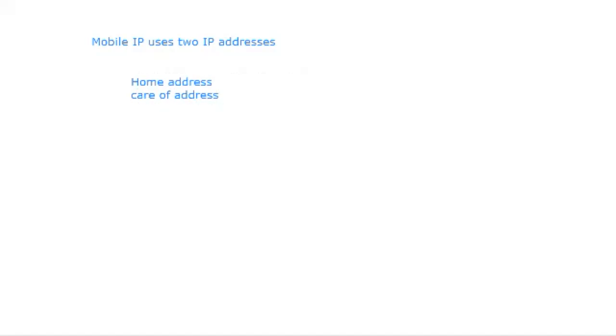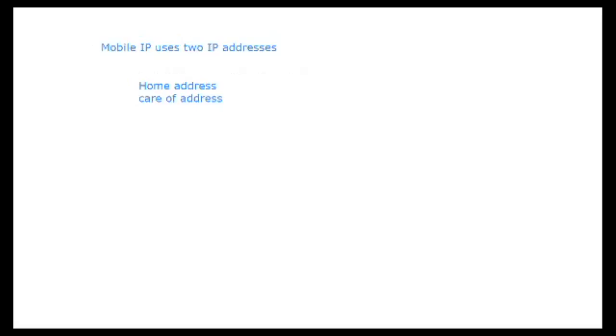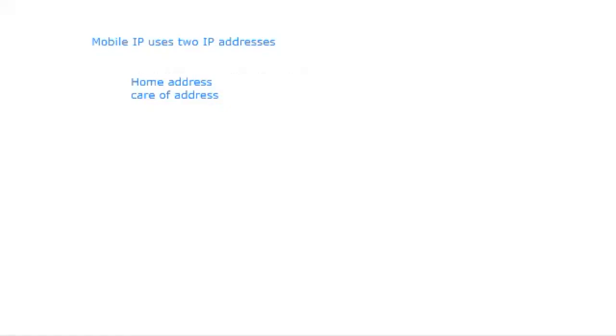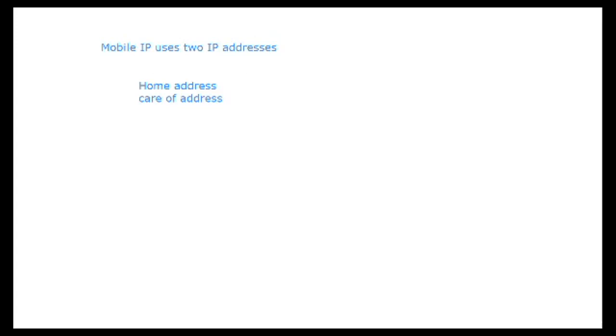Each mobile IP uses two IP addresses. The home address contains the location of the mobile's home location; the information is present in the mobile's home location register. And what is the care of address? The care of address changes at each new point of attachment.